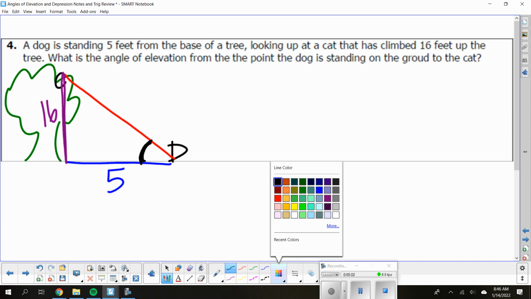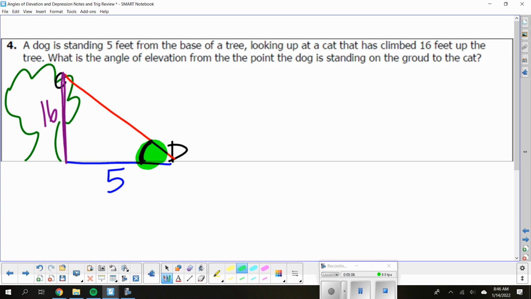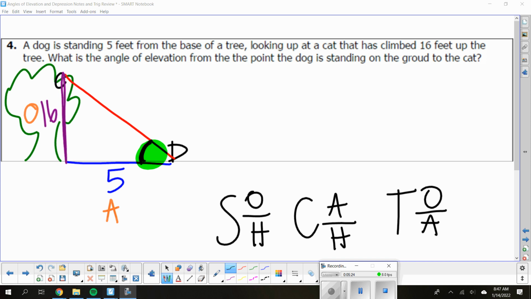So labeling my sides based off of what I am. I'm standing at the angle, which is going to be here. And if I label, 16 is opposite of me, right? It's across from me. And 5 is next to me and is adjacent. So again, I'm dealing with O and A, which is again tangent.